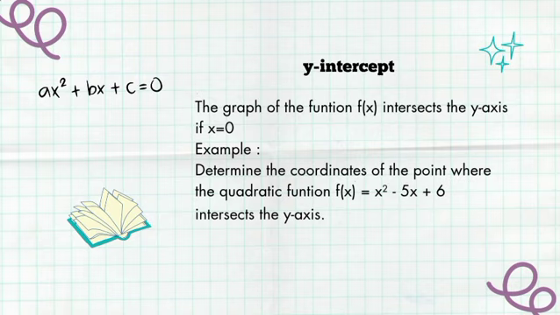find the coordinates of the y-intercept of the quadratic function f(x) equals x squared minus 5x plus 6. We substitute 0 for x.